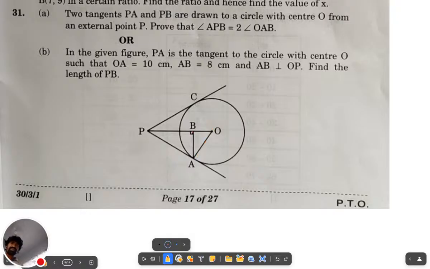AB, from A to B, is 8 centimeters. And AB is perpendicular to OP. So this AB line is perpendicular, so this is 90 degrees here. Find the length of PB. So this PB length we have to find.